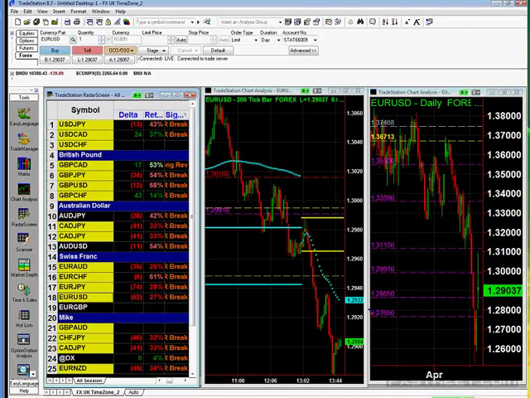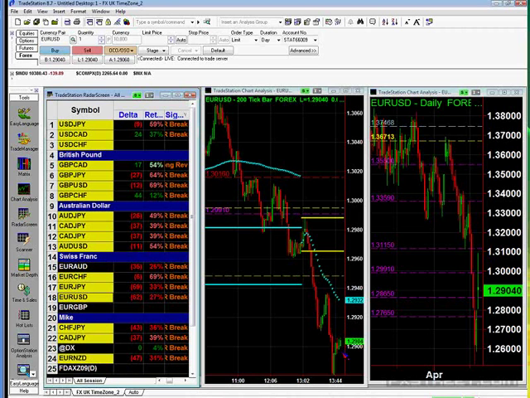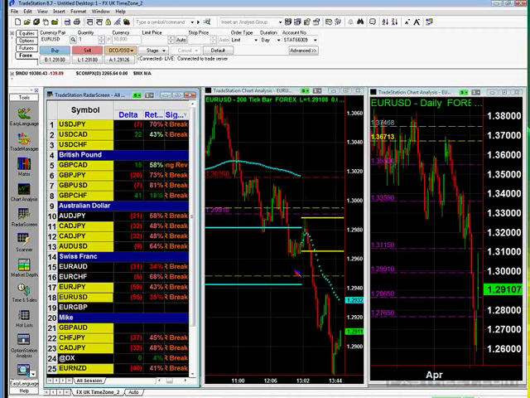But the market here is telling us that they do not see this as positive news. So if the market does not see this as positive news, we want to be sellers of the euro. We're not going to evaluate if this is good or not good.